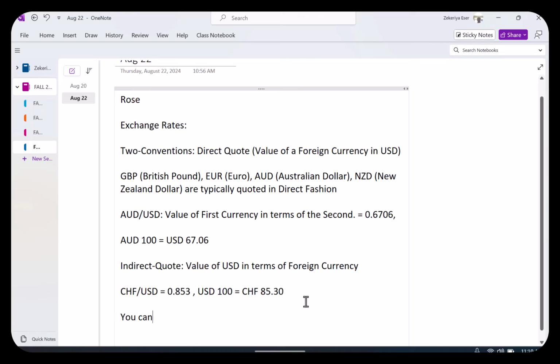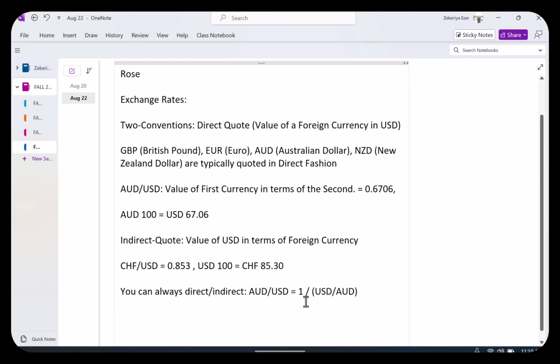You can always convert direct, indirect. So AUD/USD is equal to 1 over USD/AUD. If you wanted to know how much $1 would buy you in Australian dollars, how do you think I could calculate USD/AUD given the exchange rate I gave?